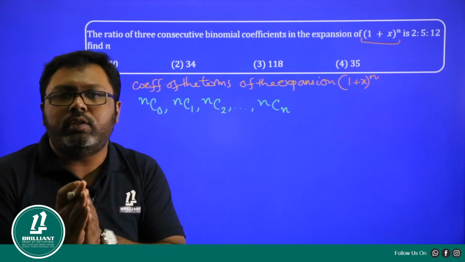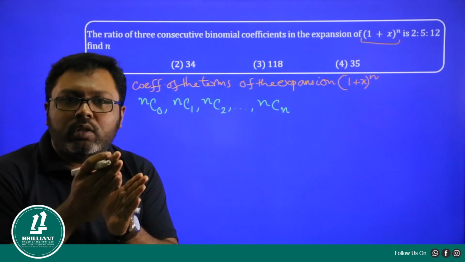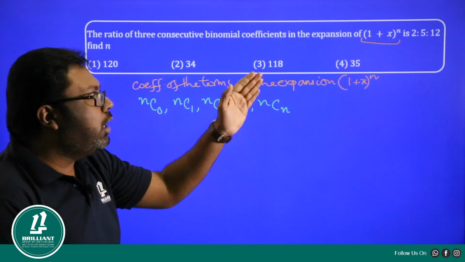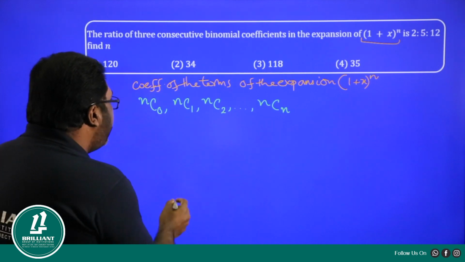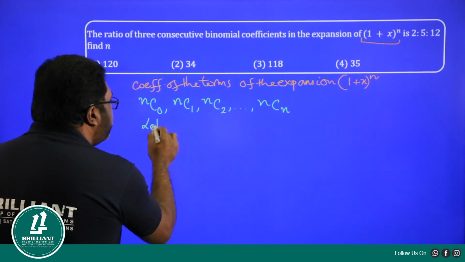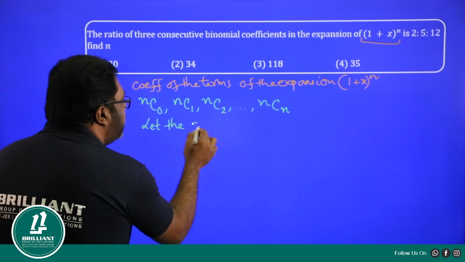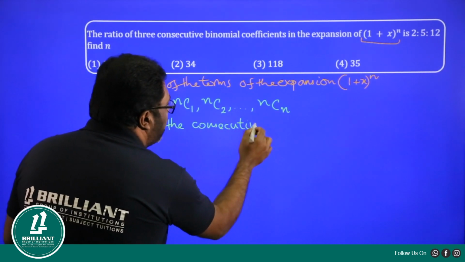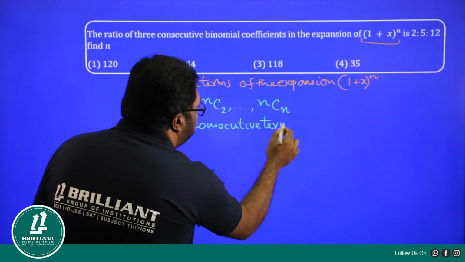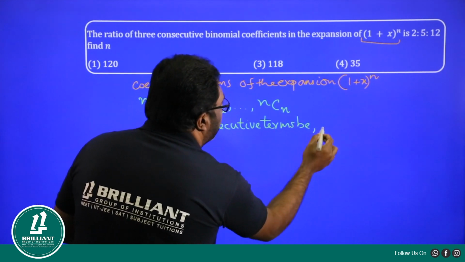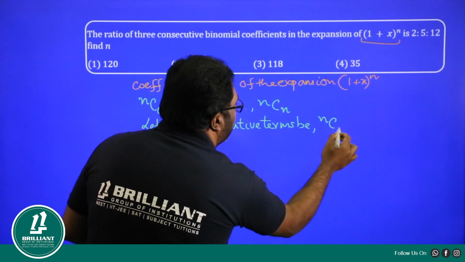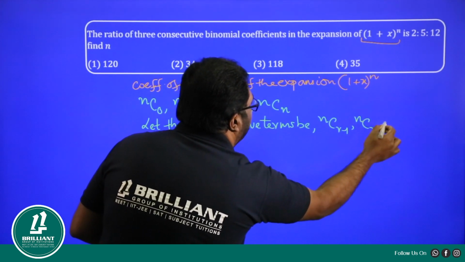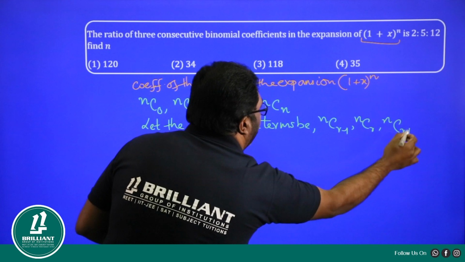What do you mean by 3 consecutive coefficients? The coefficients of adjacent or consecutive terms are in the ratio. So let the consecutive terms be nC(r minus 1), nCr and nC(r plus 1).